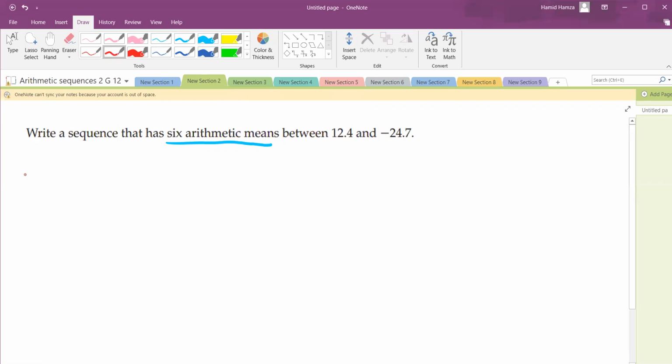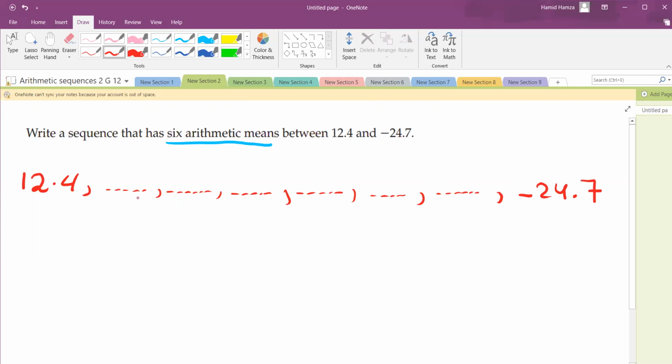So I'll start with 12.4 and we want to insert 6 arithmetic means: 1, 2, 3, 4, 5, 6. And the last term will be negative 24.7.